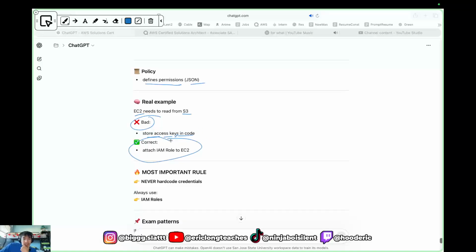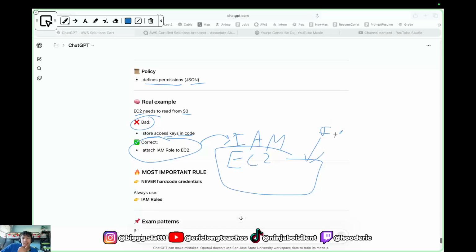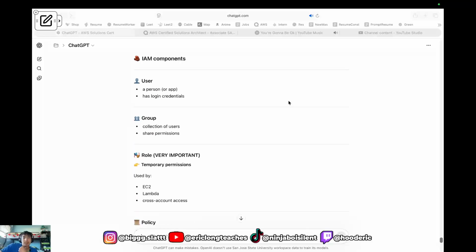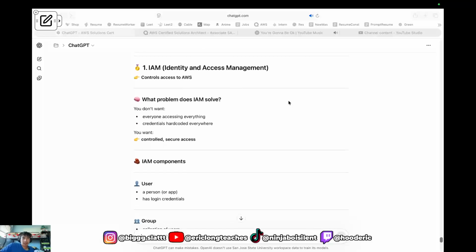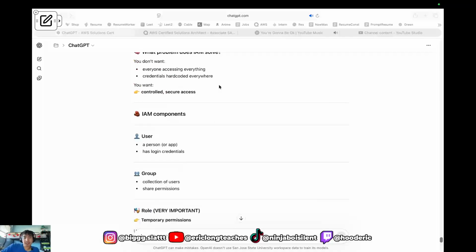The correct way of doing this is to attach an IAM role to EC2. So I'm guessing that EC2 is like a box and it has an IAM role, which tells you who has access to this EC2 and who doesn't. IAM is identity and access management.